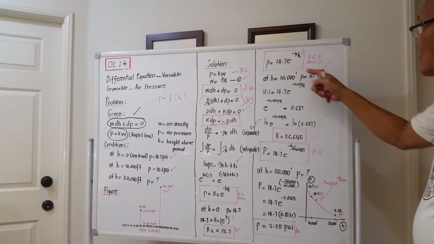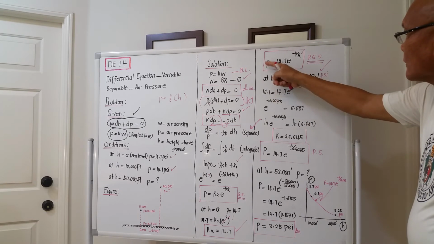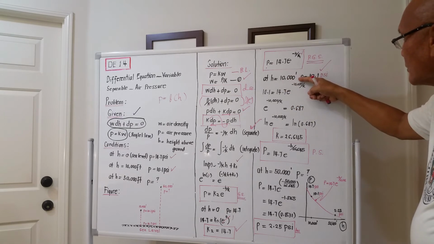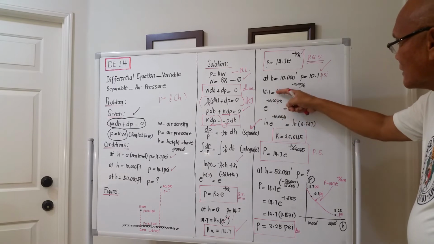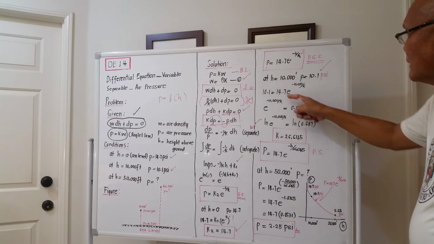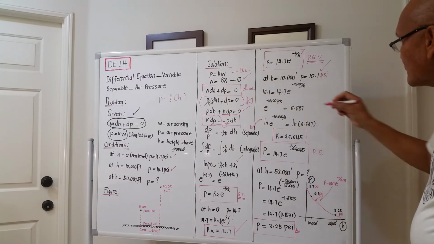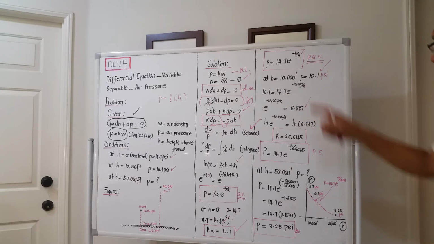Okay? So substituting these conditions, 10.1 equals 14.7 e raised to minus 10,000 over k. Therefore, e to the minus 10,000 over k equals, if we divide 10.1 by 14.7, 0.687. Right? And luckily, the unknown k is on the exponent.